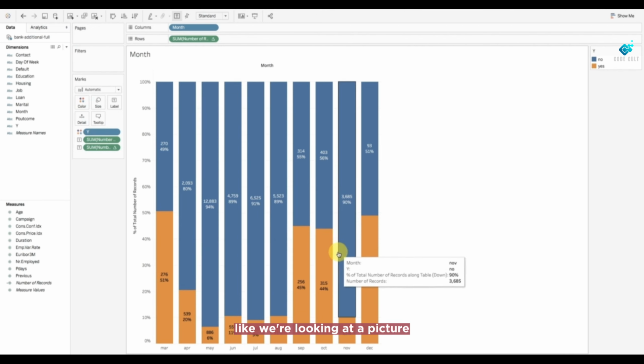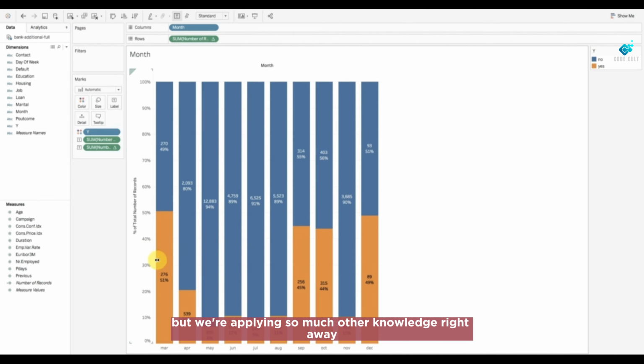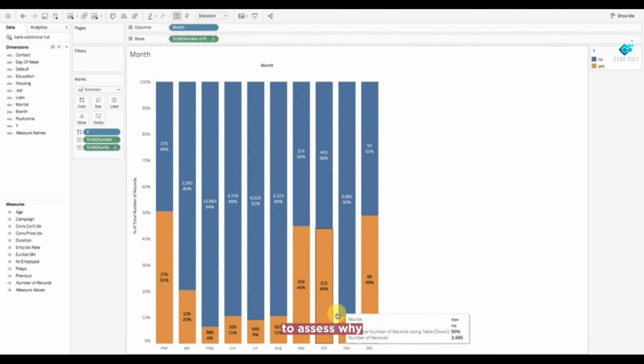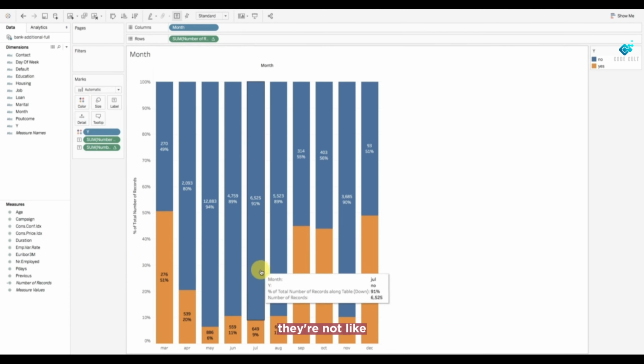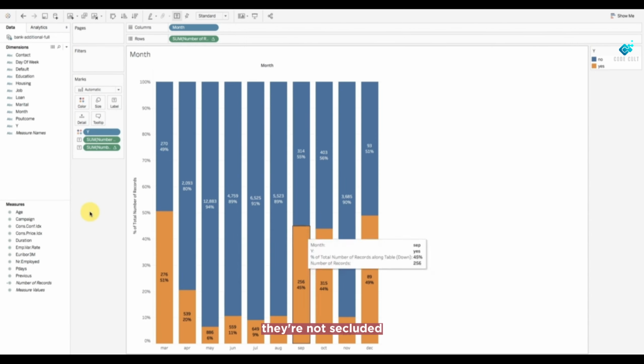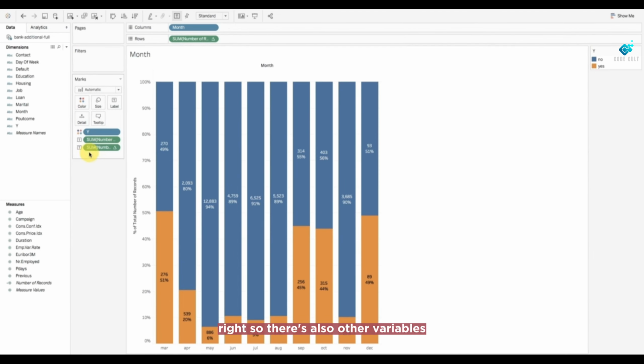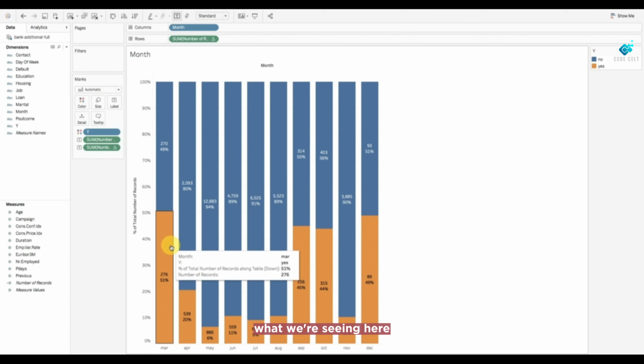We're looking at a picture, but we're applying so much other knowledge right away to assess why this is happening. Another thing I wanted to point out is that these effects are not secluded. There are also other variables, and what we're seeing here, people taking up this term deposit, is also affected by other variables.